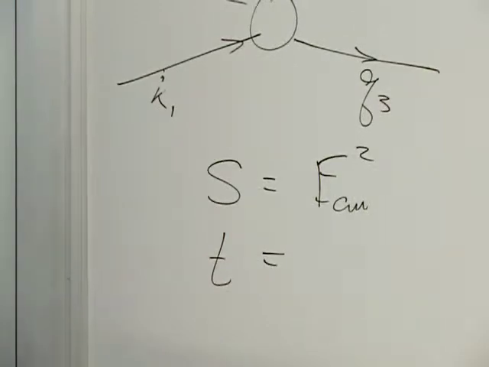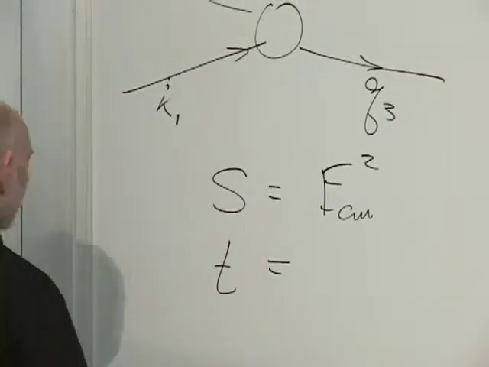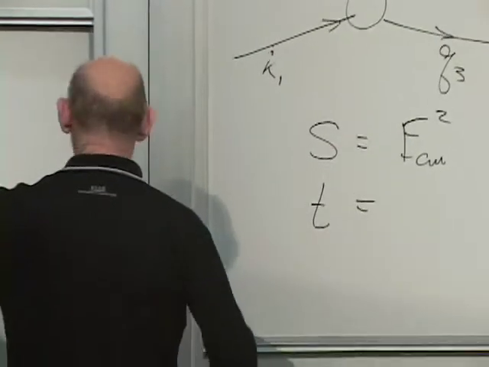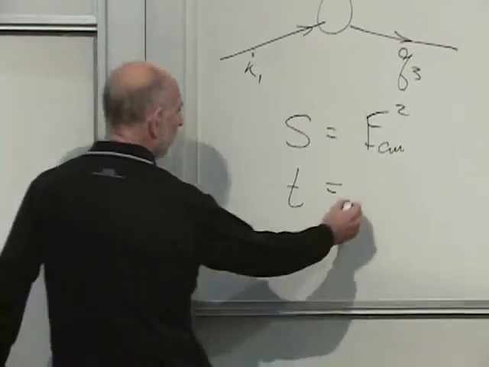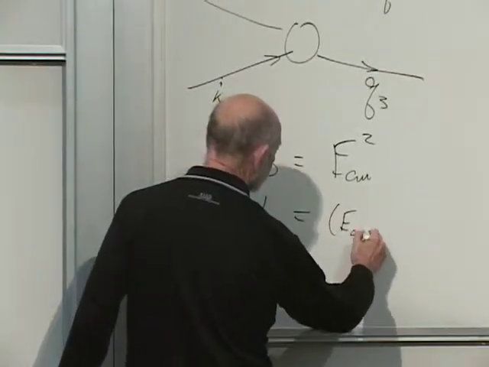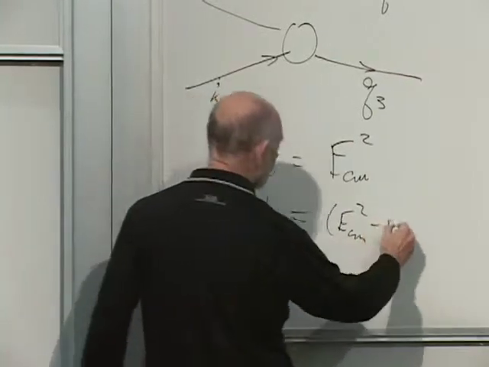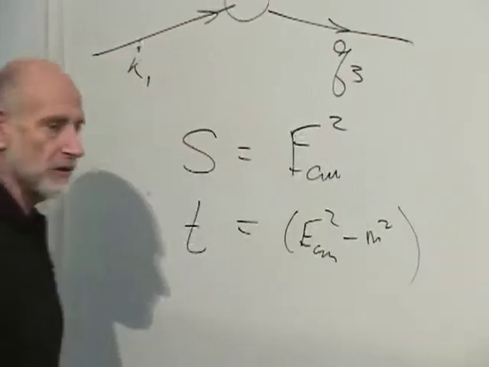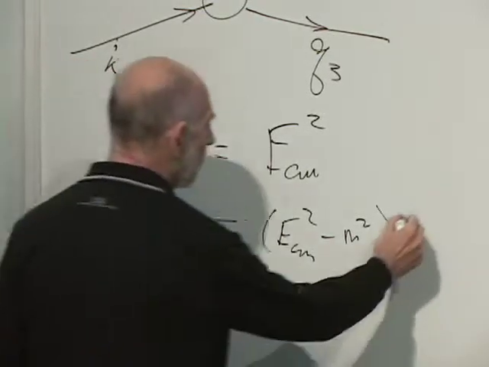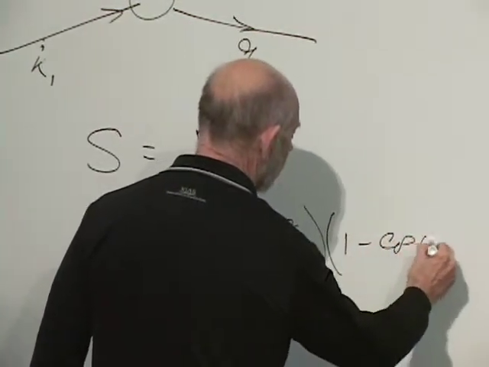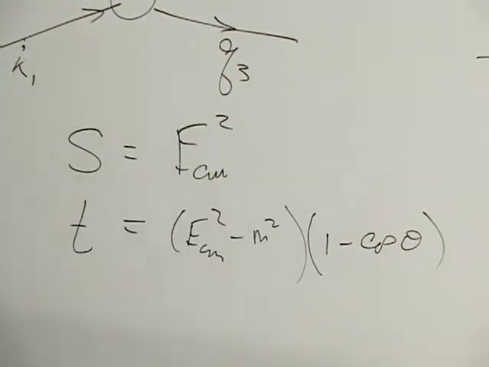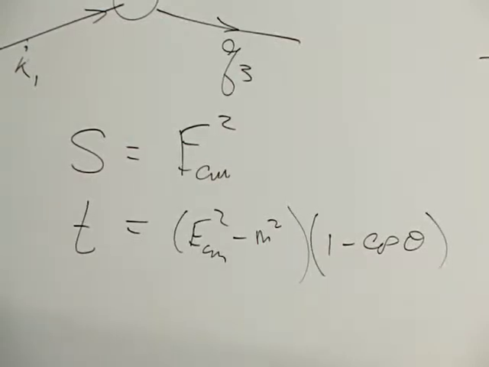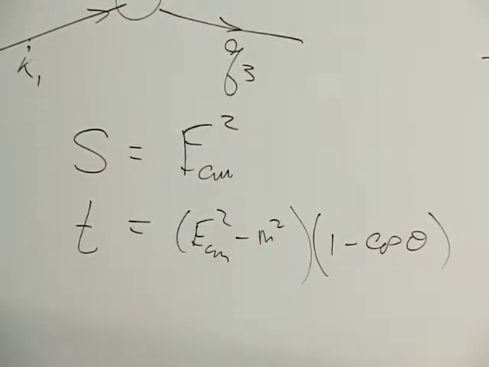And that is some combination of the energy and the momentum transfer. It's the center of mass energy squared minus the mass squared, big deal, we already know what the center of mass energy is, times 1 minus cosine of the angle of scattering. So we have K1 plus K3 squared.